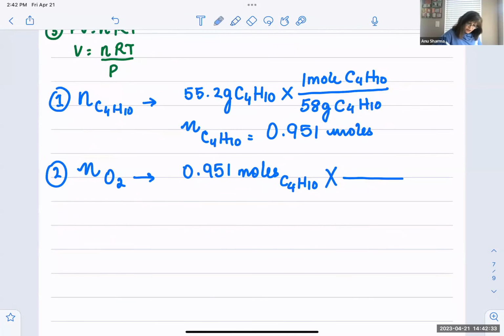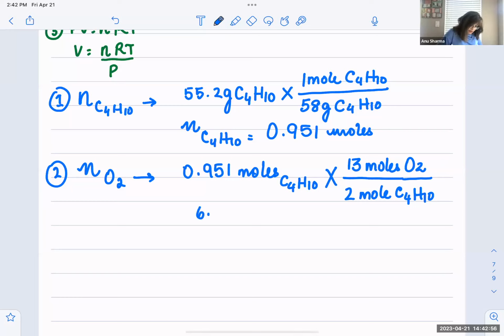So 2 moles of C4H10 and 13 moles of oxygen. So 0.951 times 13, divided by 2, gives you 6.18 moles of oxygen. Okay, so that's the value of oxygen moles.